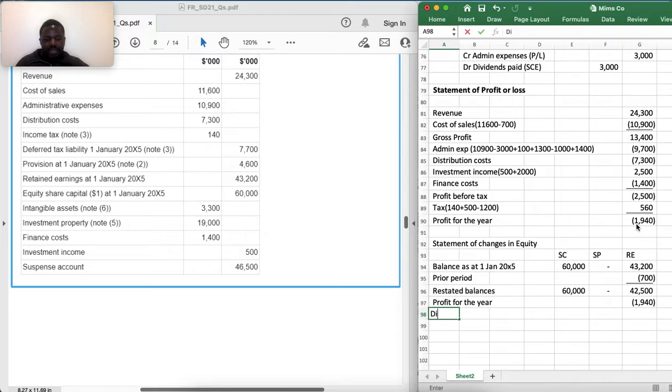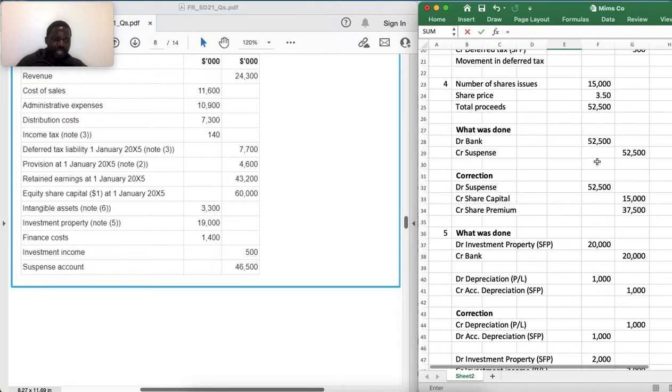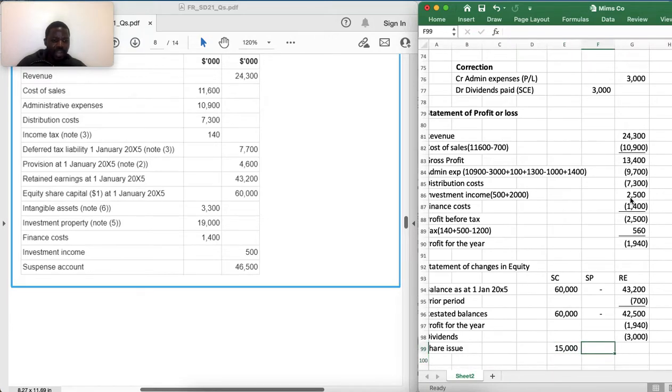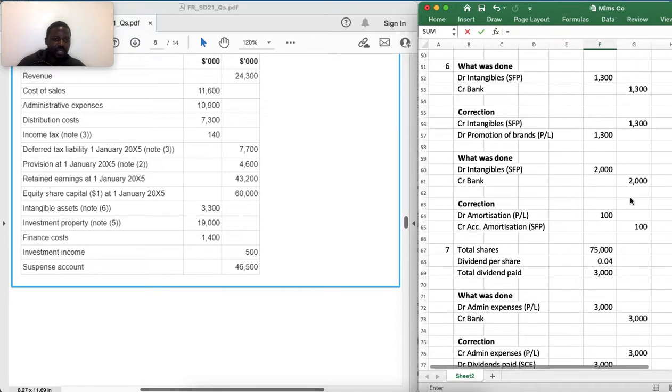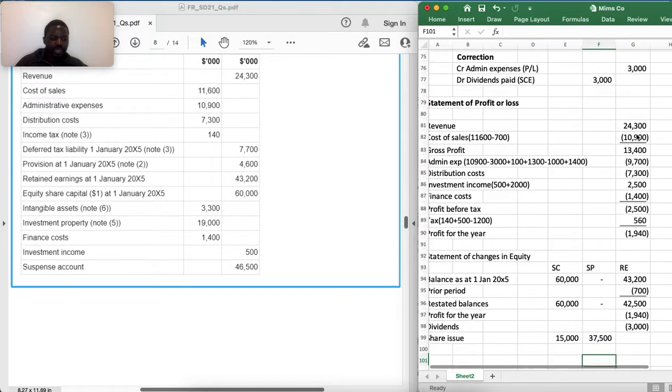We also have the dividends that were 3,000. Then we also had the share issue. Now the share issue, how much went to share capital? Let's go to our journal. 15,000 went to share capital. How much went to share premium? Let's go to our journal. 37,500 went to share premium.